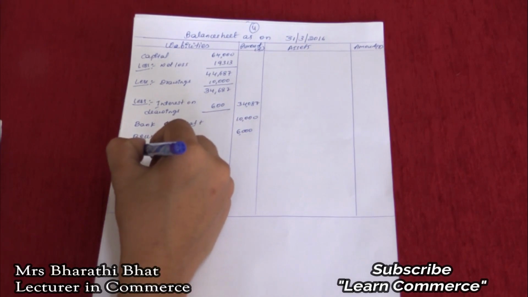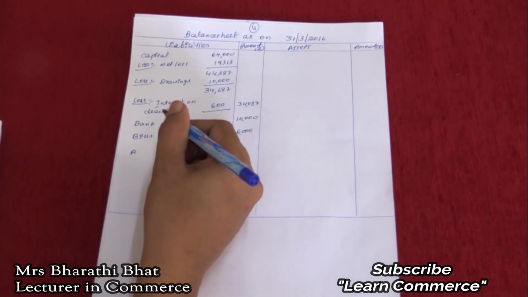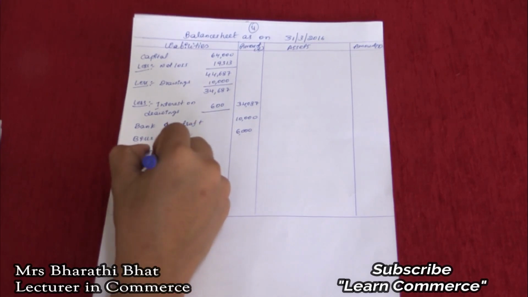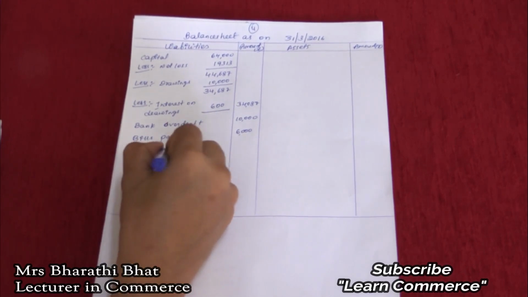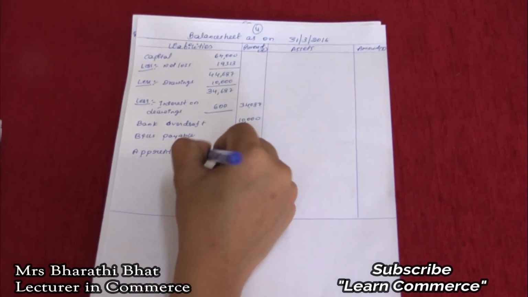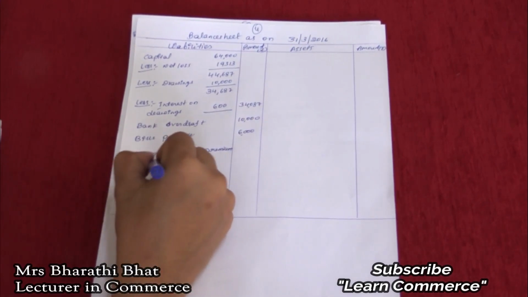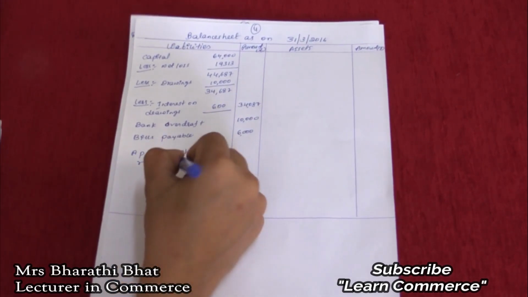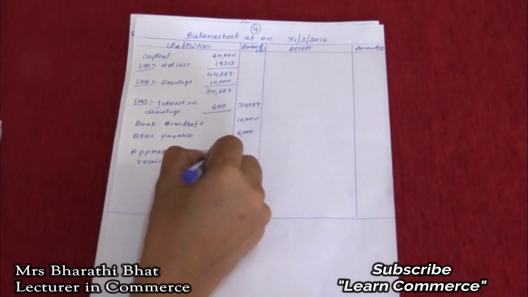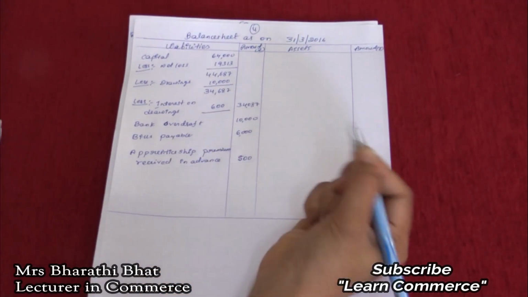So advance receipt of apprenticeship premium you have to deduct, means you have to record under liability side. So apprenticeship premium received in advance, 500.